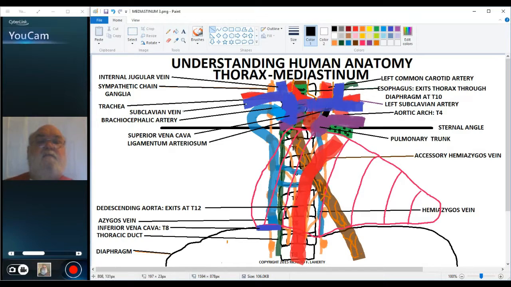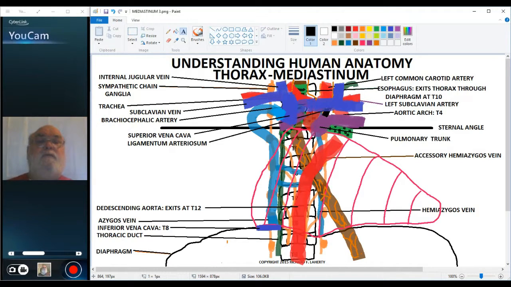And we have the same veins, the internal jugular, subclavian. The brachiocephalic vein on the left side is much longer and approximately horizontal.